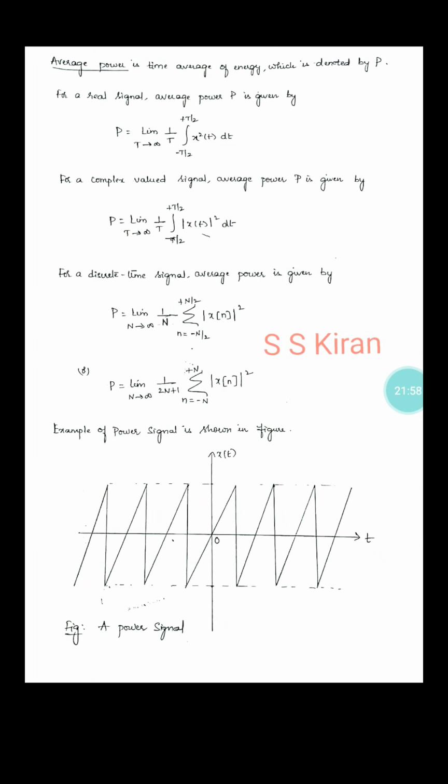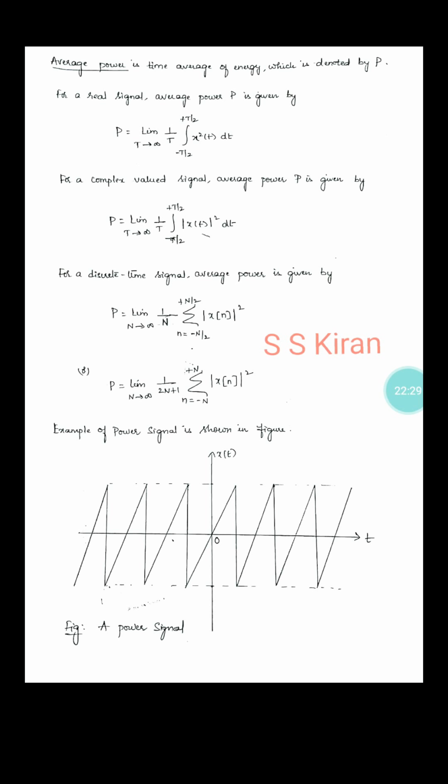Then next, average power. We already discussed average power many times. Average power is the limit as T tends to infinity of 1 by T, the integral from minus T by 2 to T by 2 of x square of t into dt, where T means the time period.